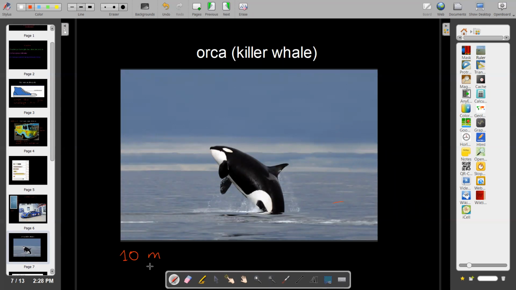All of them I think are good estimations because the real length of the big orca is from 7 to 9 or from 7 to 11 meters. So if I say 10 or 9 or 8 or even 12, it will be a good estimation because 10 is close to 7 and 11. Okay, so this is called estimation.